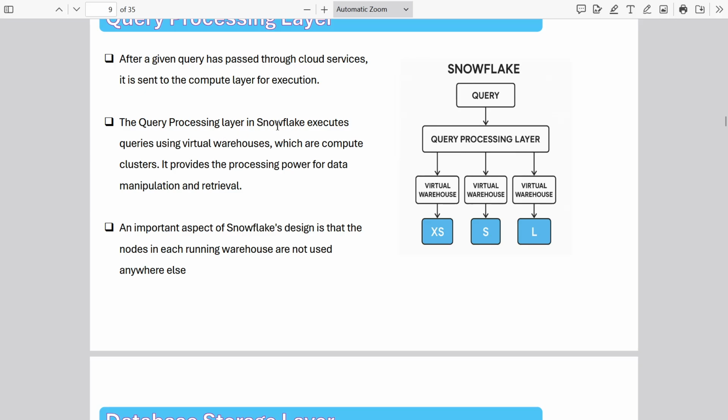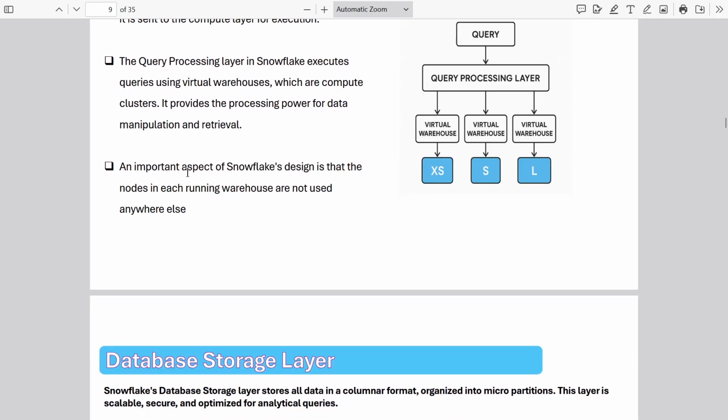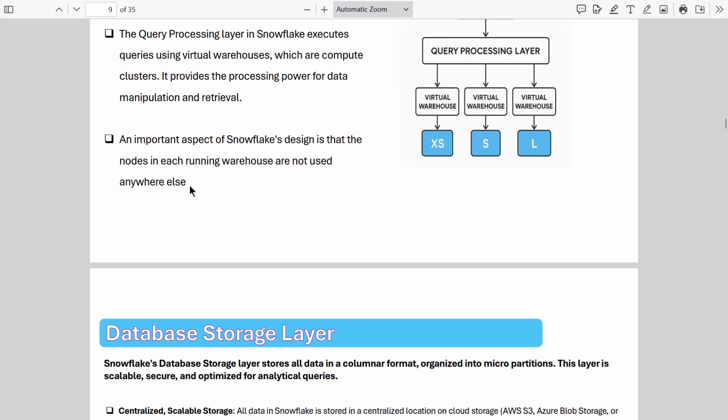Query processing in Snowflake executes queries using virtual warehouses, which are compute clusters. They provide the processing power for data manipulation and retrieval. An important aspect of Snowflake design is that the nodes in each running warehouse are not used anywhere else. Getting this point? Just read it again and try to understand this line.